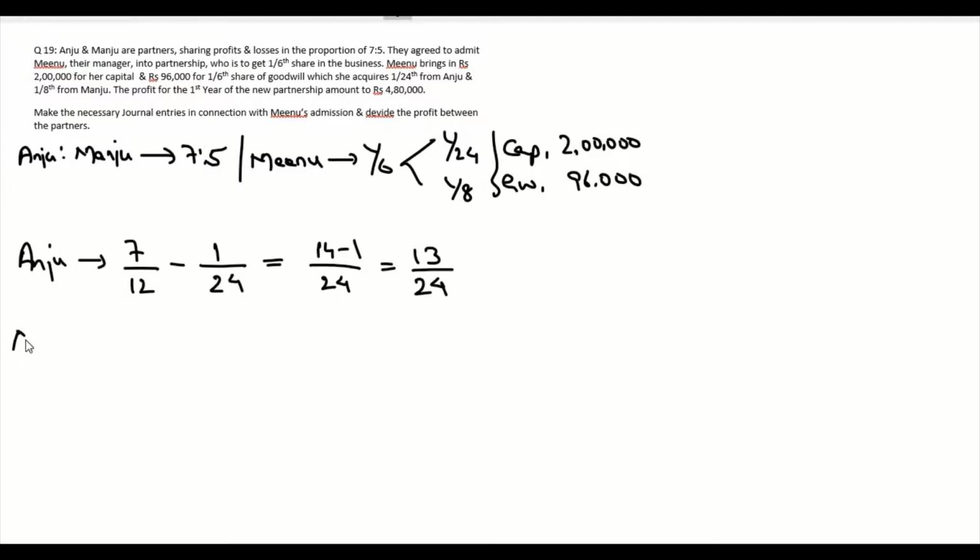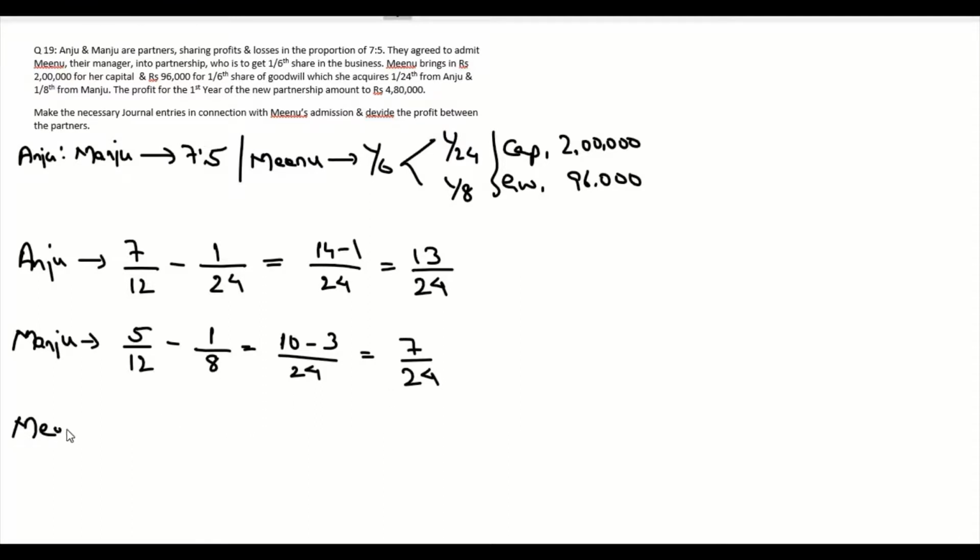Then we have Manju, whose original share is 5 by 12 minus she gave away 1/8 of her share to Meenu, 1 by 8, that is equal to 10 minus 3 by 24, which is equal to 7 by 24.